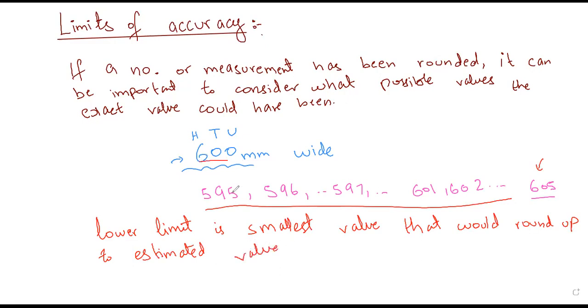This is the estimated value. This is the smallest value which we can round up to get 600. So the lower limit would be 595 millimeters.